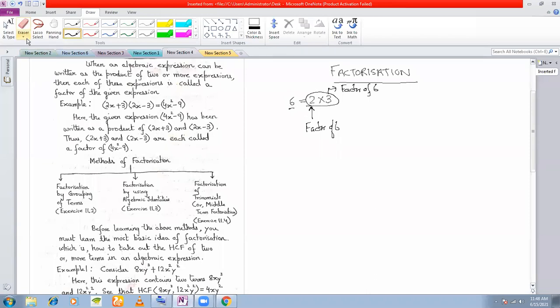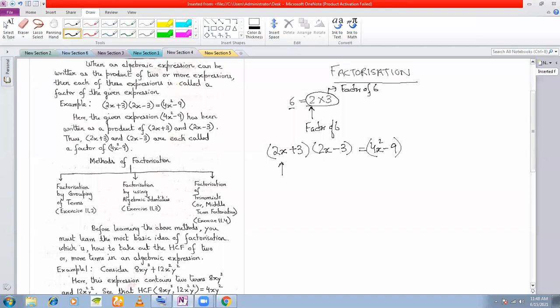Similarly, for algebraic expressions, if I multiply these two, 2x plus 3 and 2x minus 3, the product of these two is 4x square minus 9, right? You can check with multiplication that 2x plus 3 into 2x minus 3 is 4x square minus 9.